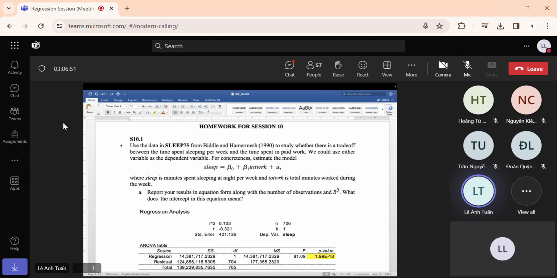Tomorrow we still have one last session, and in that session I will briefly introduce the two-sample hypothesis test. I think it is only 30 minutes to introduce that. After that, we go for review. I will show you the structure of the final exam and some exercises. Okay, any question here?